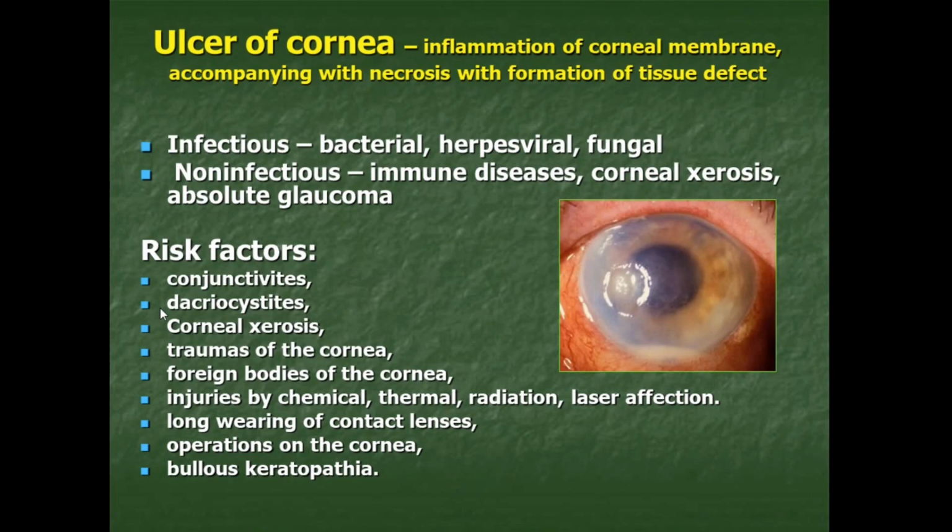Infection may be bacterial, herpes, viral, fungal. Non-infectious causes are immune diseases, corneal cirrhosis, and in a severe absolute glaucoma, in the case of very high intraocular pressure, there may also be a cornea ulcer.